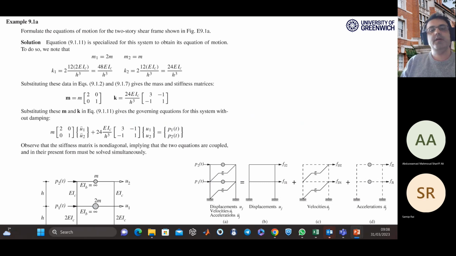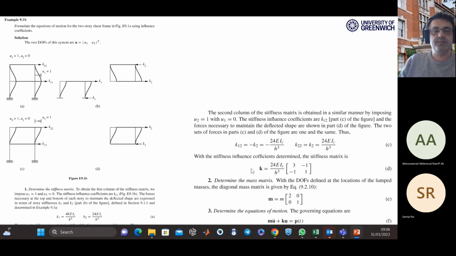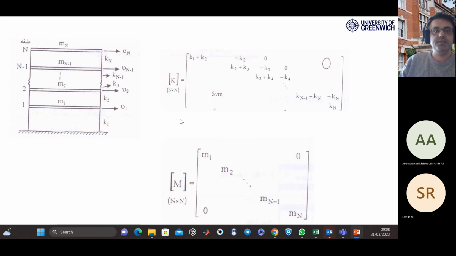Actually, the example I've gone through is inspired from example 9.1a from the book. It's a two-story building with two lumped masses at two different story levels. And as you know, you have the stiffness and mass matrices, how to calculate them in the book, and we have discussed these during the past lectures.